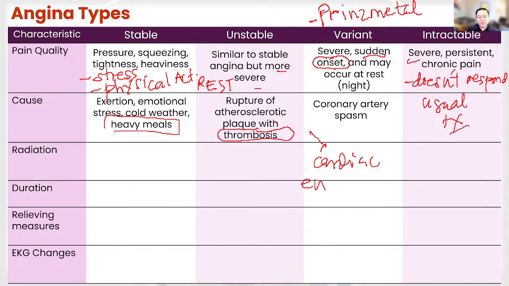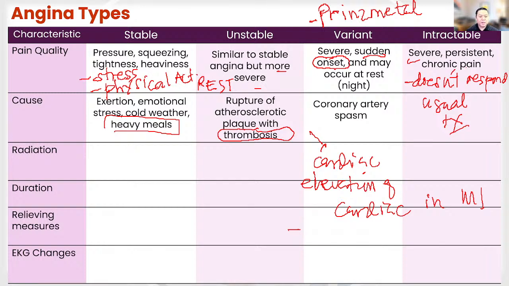The distinction between the unstable angina and non-STEMI type of chest pain is because of the presence of cardiac enzymes, wherein there is elevation of cardiac enzymes in MI, whereas in the variant type of angina, there is no elevation of the troponin, okay? Compared to the MI, wherein they're going to have release of those cardiac enzymes like the CKMB or the troponin into the bloodstream. However, in the variant type, there's none.